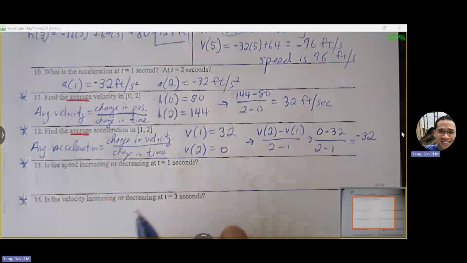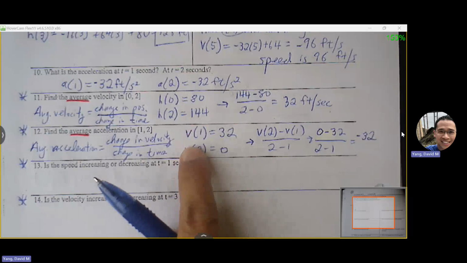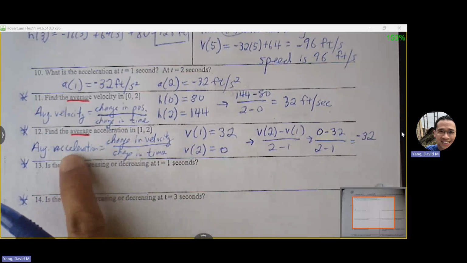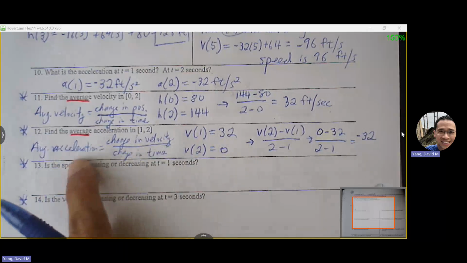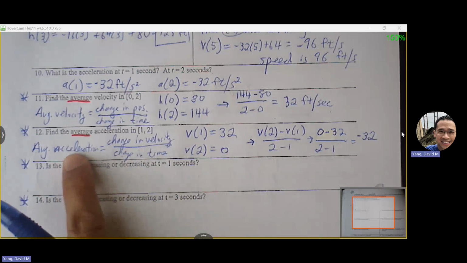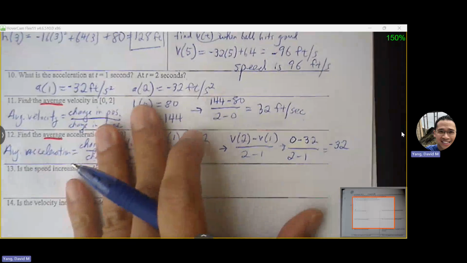Now, even though we never touch the acceleration function, we're still asking for something that is referencing acceleration. So our unit is still going to be feet per second squared.